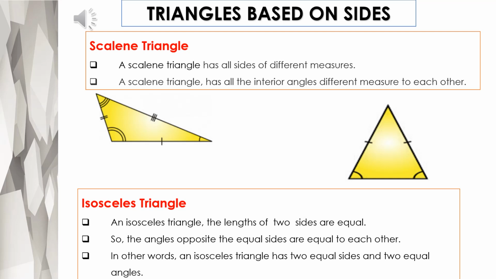In other words, an isosceles triangle has two equal sides and two equal angles. But here also remember, if you sum up all three interior angles, it would be equal to 180 degrees. Good.